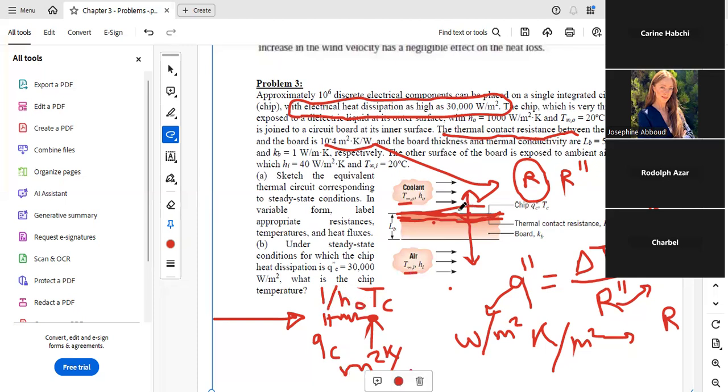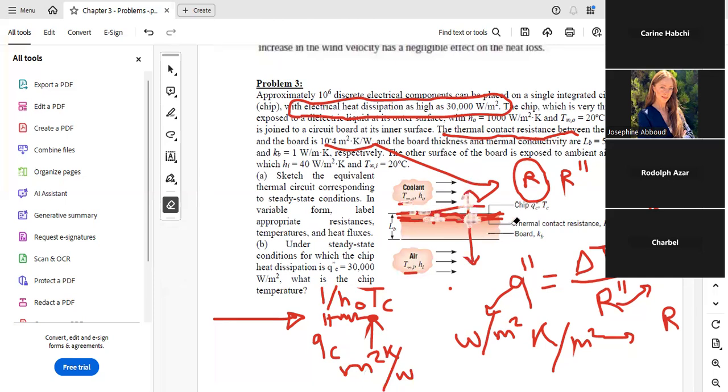While from the other side, okay, what are the resistances that I will face? Let me clear here a little bit. Okay. So what are the resistances that I will face from this side? I have first conduction.